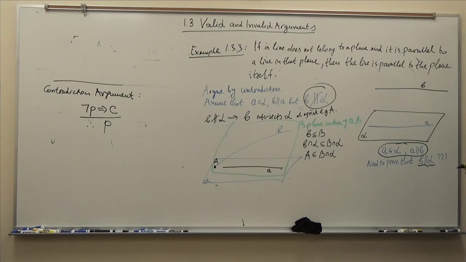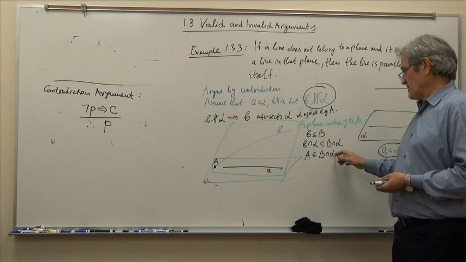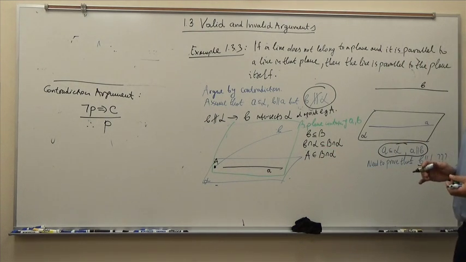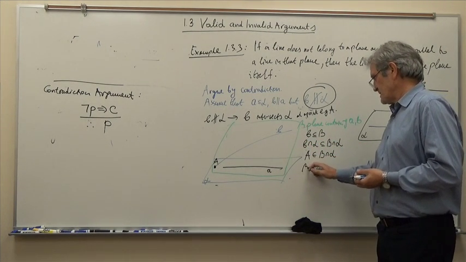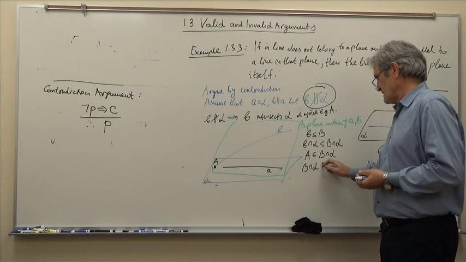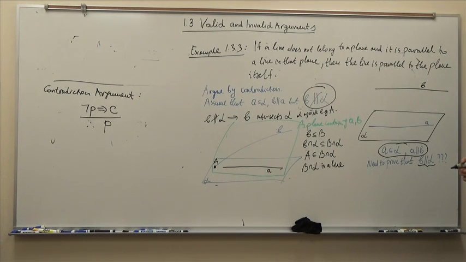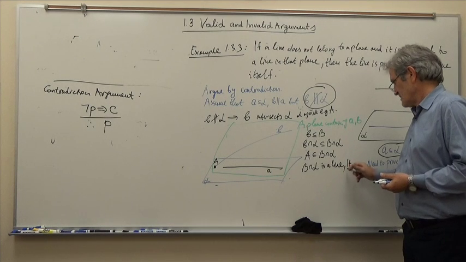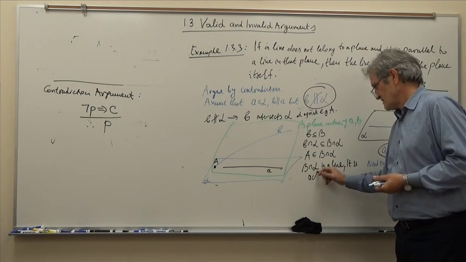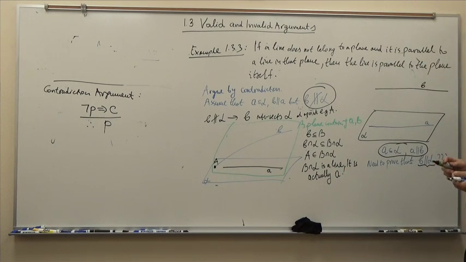Okay. And then what? Then the intersection of two planes is a line. So beta intersection alpha is a line. Which line is it? That is actually A. Why?